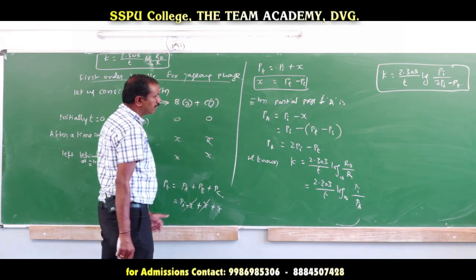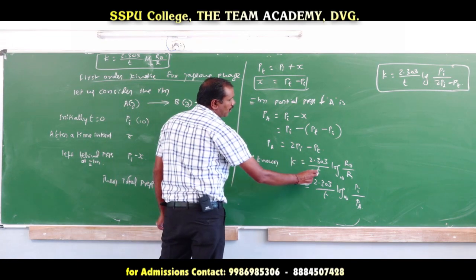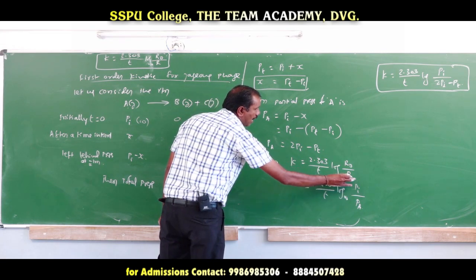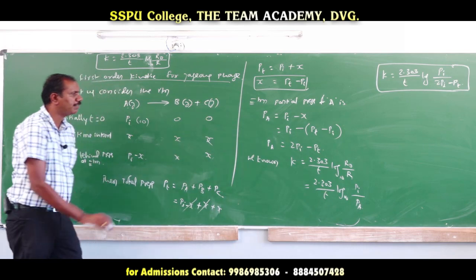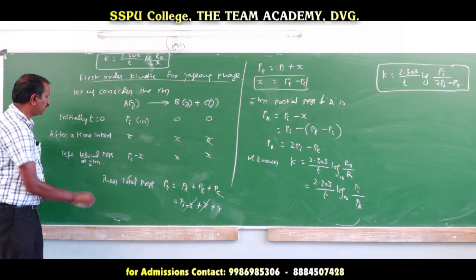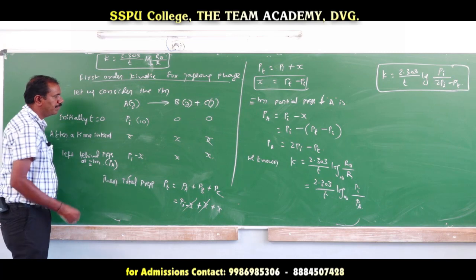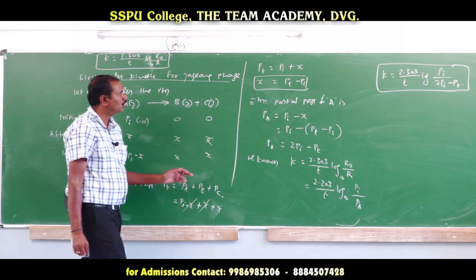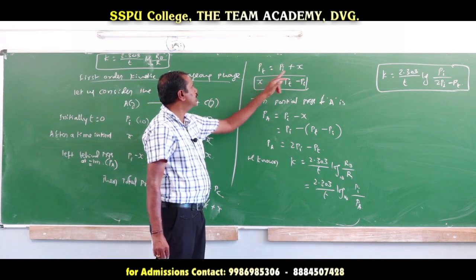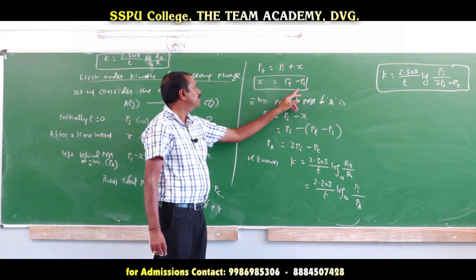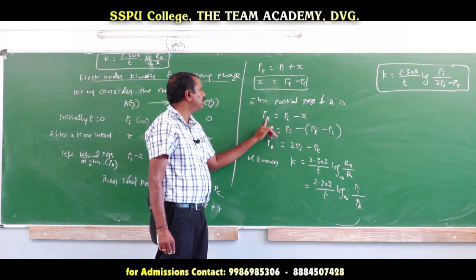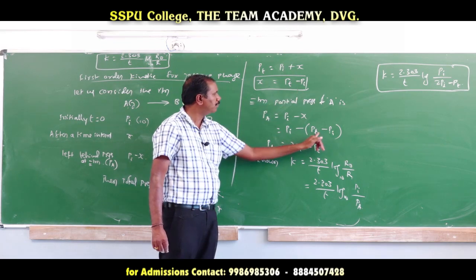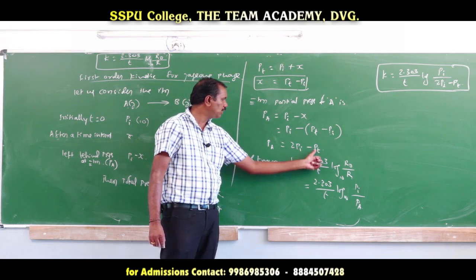Why write these things? Because K equals 2.303 by t log of R naught by R. Instead of R naught we write the initial pressure Pi, and R, the left behind concentration, we write as the partial pressure of A, which is Pi minus x. To find x, x equals Pt minus Pi. So the partial pressure of A is Pi minus x, which gives 2 Pi minus Pt.